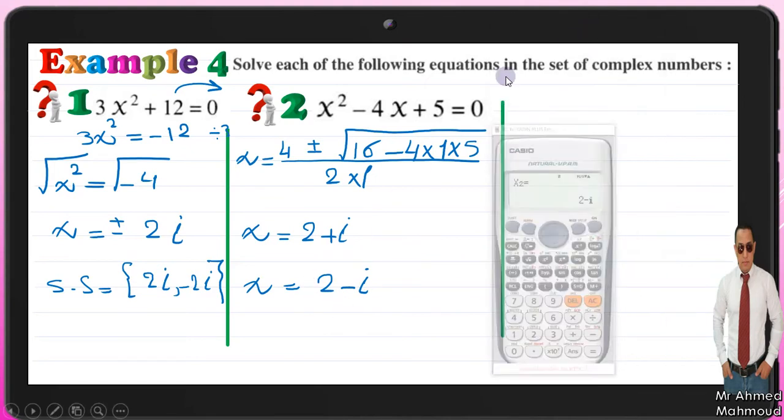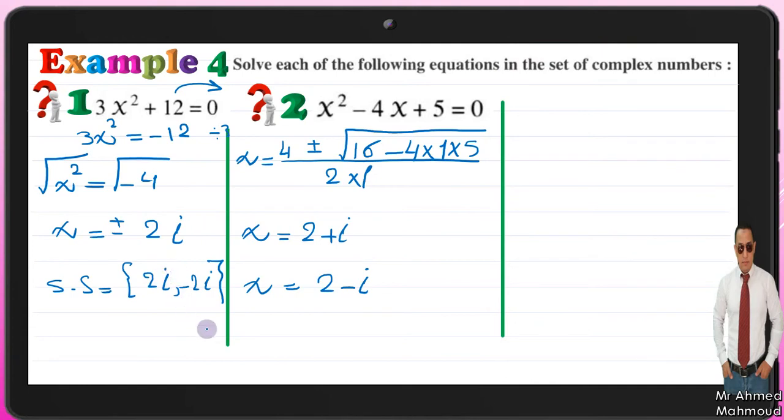Okay, now we have the flexibility to solve the equation because these numbers belong to the set of complex numbers: 2 plus i, comma, 2 minus i, and this is the solution set.